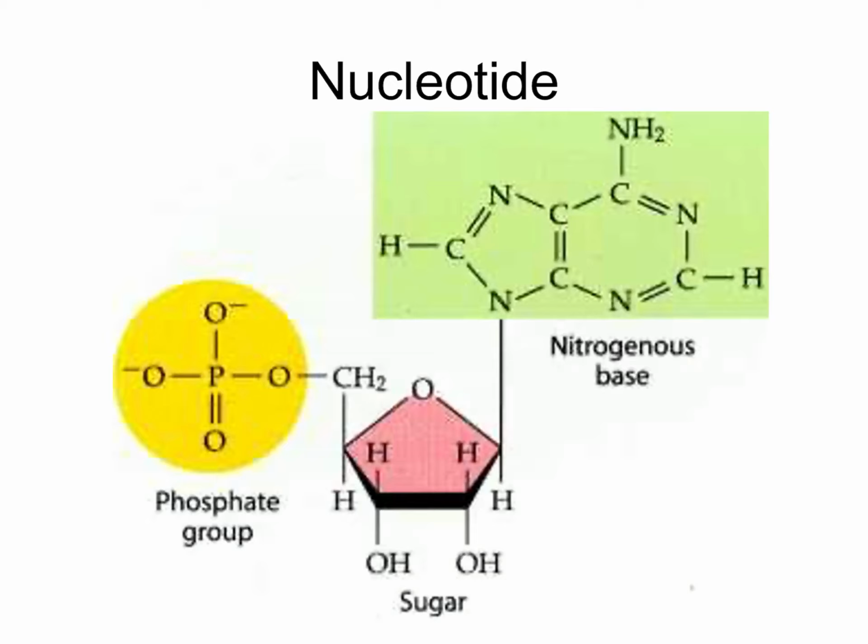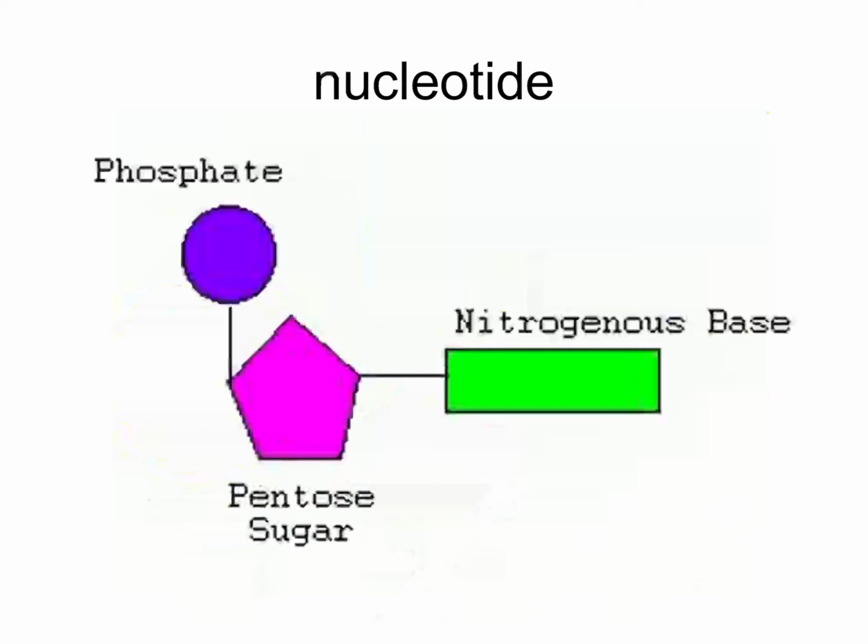So here is a nucleotide. You don't need to know anything in this much detail, but it does nicely show how the little bits join together. So you can see we've got our phosphate, and that is attached here to our carbon 5. We've got our nitrogenous base, and that's attached here to carbon 1. So this is a simple nucleotide. You don't need to draw it like that.